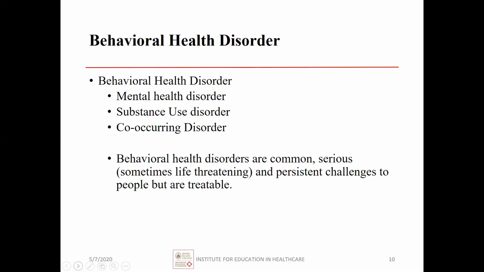One of the interesting things that we'll spend some time on in this curriculum is the idea of co-occurring disorders. That's when we have a mental health diagnosis paired with another diagnosis, and it can be mental health and substance use.